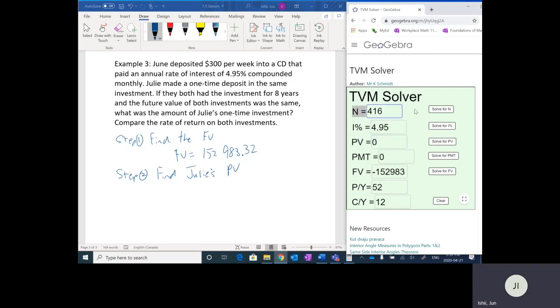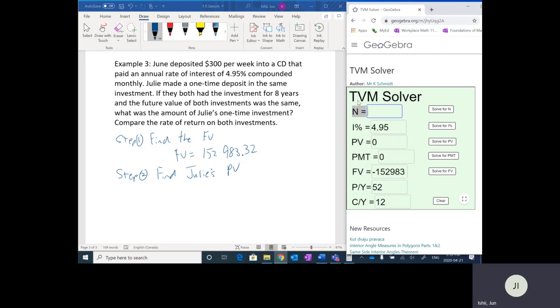So the n in this case would be the number of actual compounding periods. Since this is not a payment calculation, it's just a one-time compound interest one, we could actually solve for this by hand, but I'm going to just use this TVM solver.